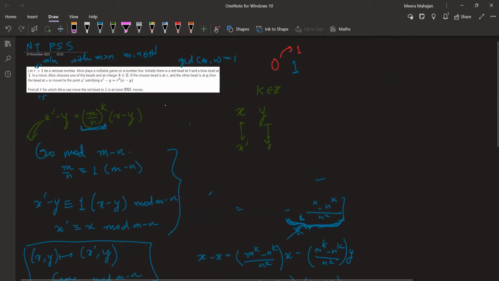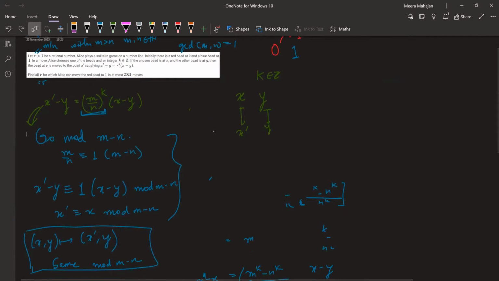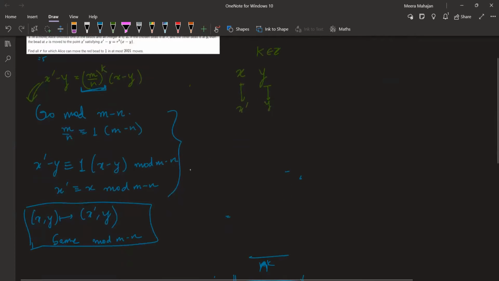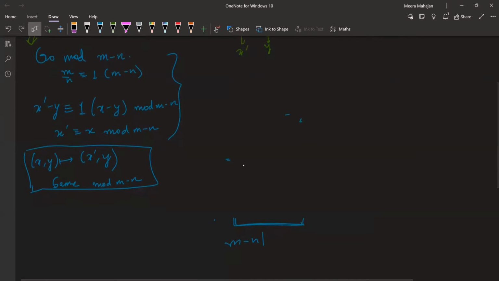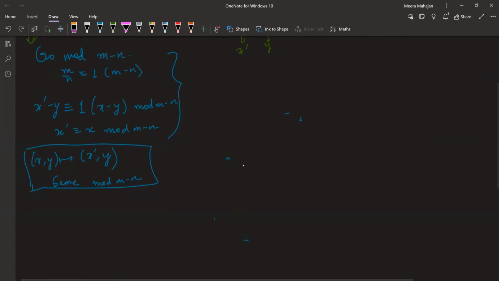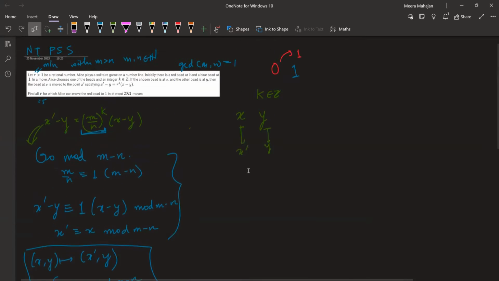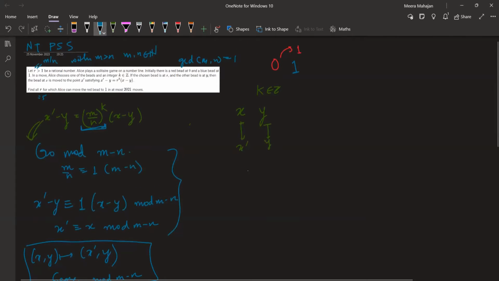So now, what can you say about this? We are starting with the position. We now know the thing is going to remain the same modulo m minus n, whatever you do. And you start with the red bead at 0 and the blue bead at 1. What is our final position?